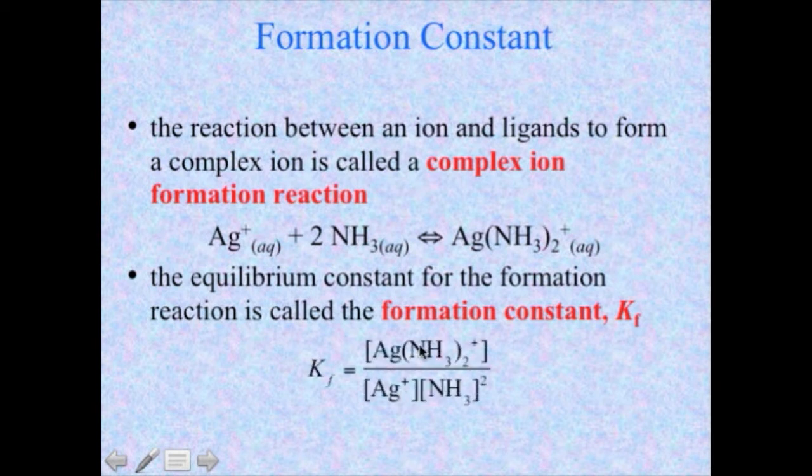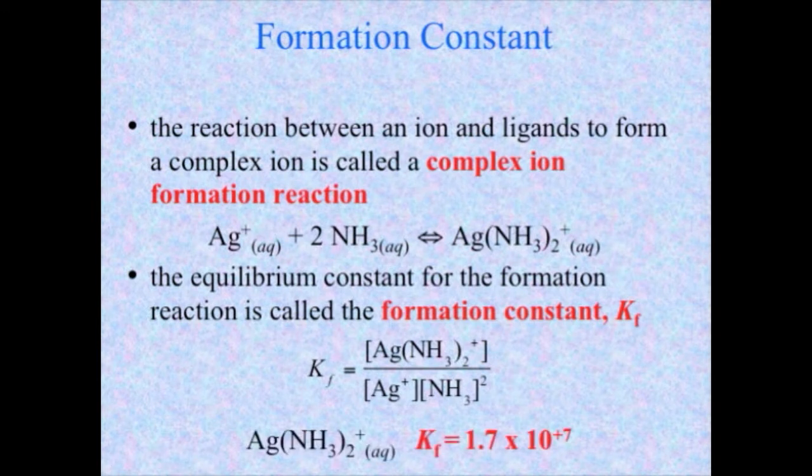The mass action equation, since all of these are in aqueous solution, is going to be products over reagents to the power of their coefficients. Therefore, we have the silver ammoniacal in the numerator, the concentration of silver ion in the denominator, and the concentration of ammonia in the denominator squared, because it's 2 ammonia molecules reacting with 1 silver.